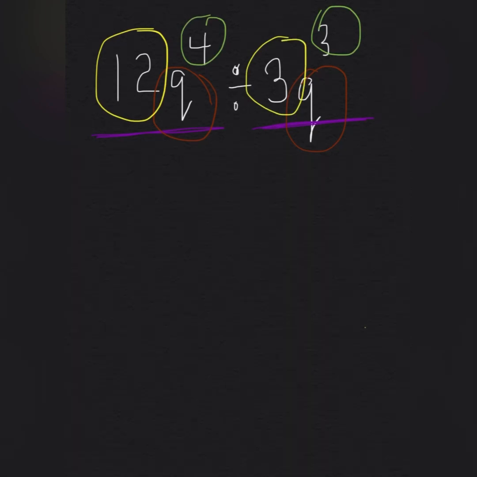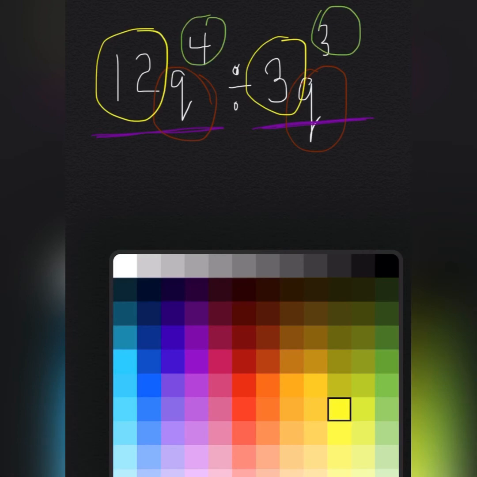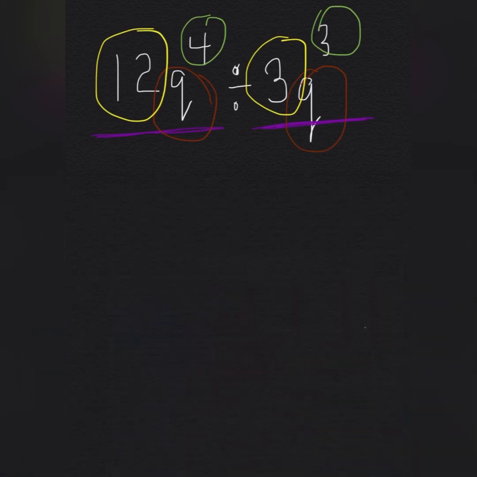So let's not mix up coefficients with variables. So are the bases similar? Yes, they are similar because we have Q and Q. So we're going to go ahead and write our Q and subtract our indices, which is 4 minus 3.